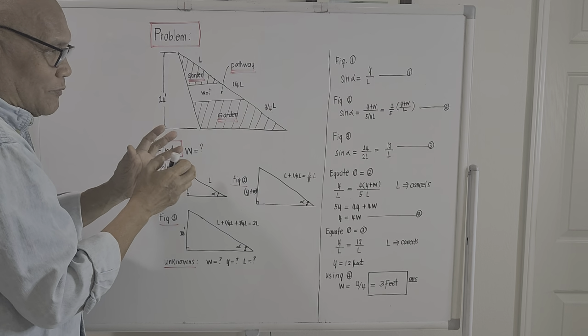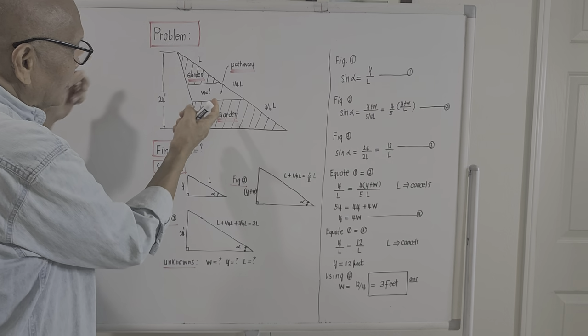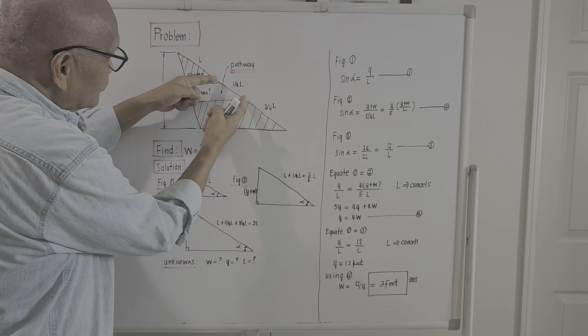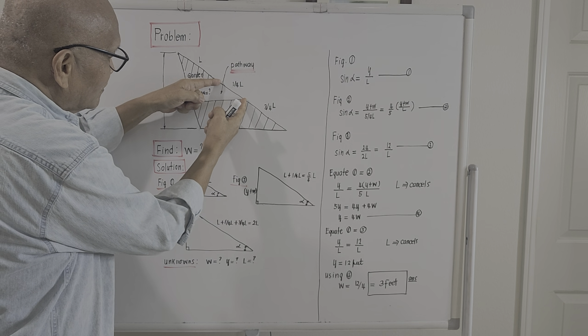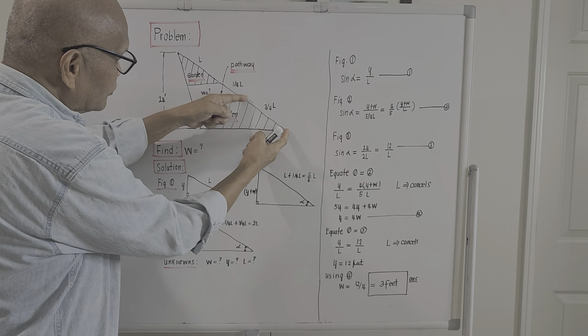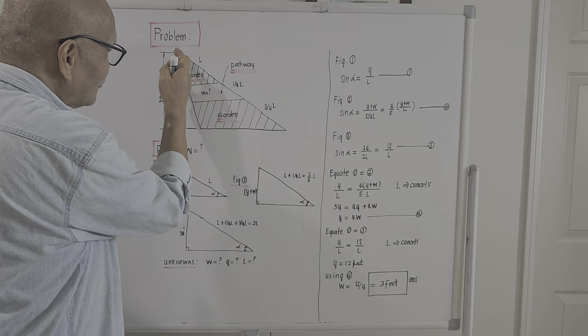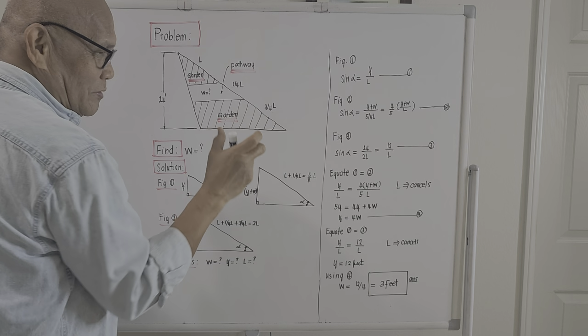Okay, the other dimension of the land: this portion here is L, this portion here is 1/4 L, and this portion here is 3/4 L. The L here is actually the length of the hypotenuse of the land.